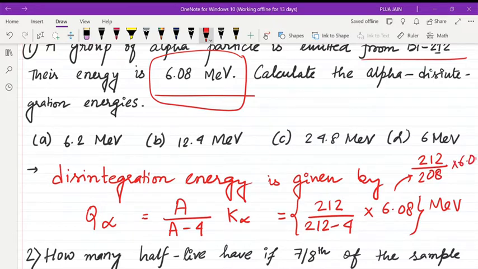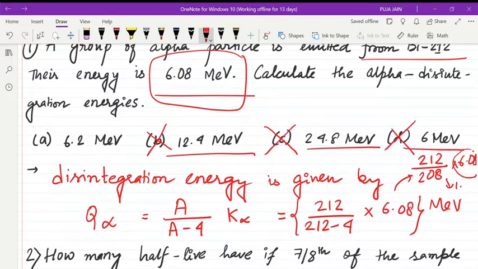This value 212 by 208 will obviously be 1 point something, so the overall answer will be slightly greater than 6.08. This answer is not slightly greater, so we will cancel this out. This answer is far away from 6.08 and this is less than 6.08. So the only right answer is 6.2 MeV.